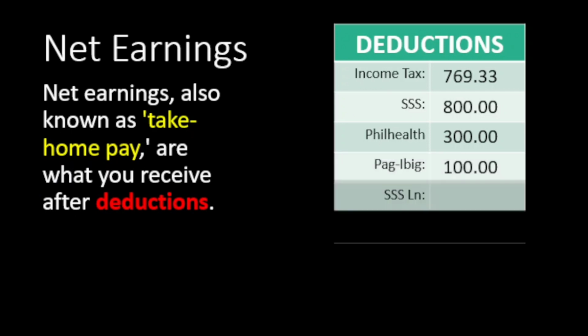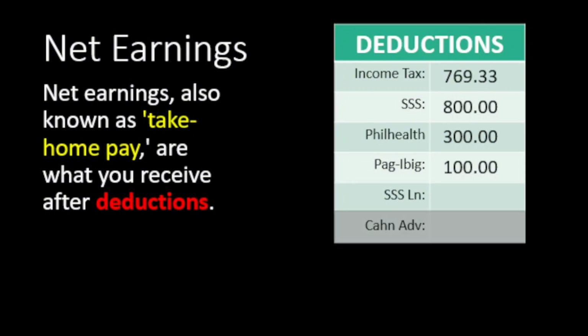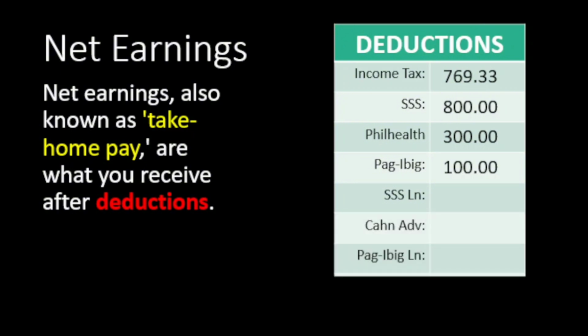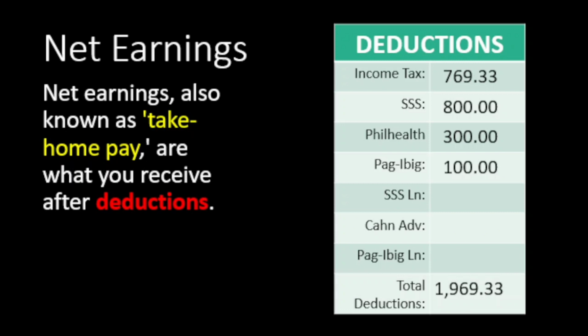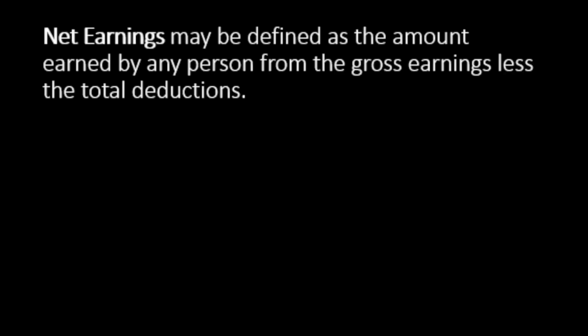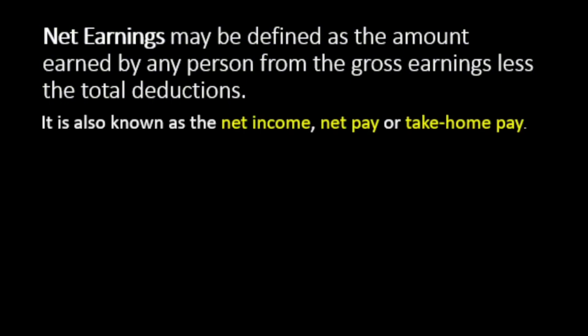Pag-ibig, SSS loan if you have any, cash advance, Pag-ibig loan, and to get the total deductions, simply add all of them. Net earnings may be defined as the amount earned by any person from the gross earnings less the total deductions. It's also known as the net income, net pay, or take-home pay.